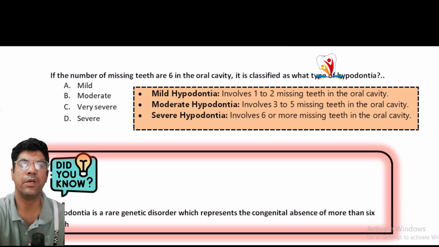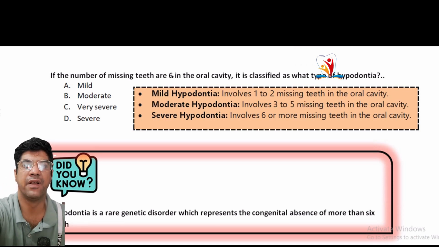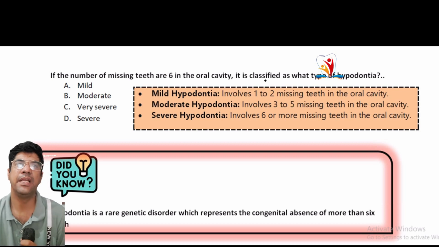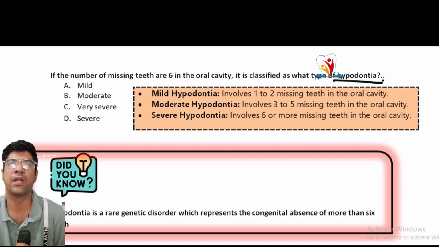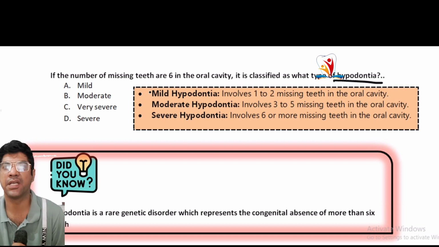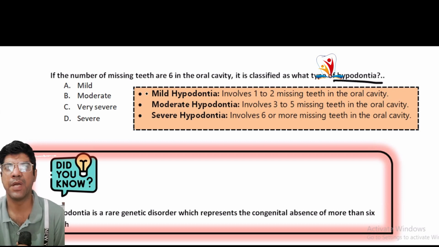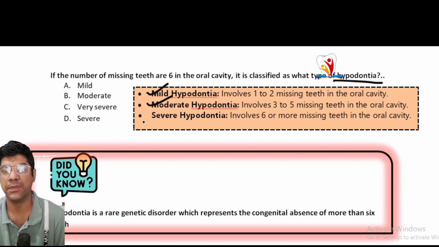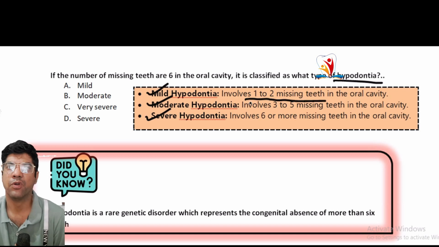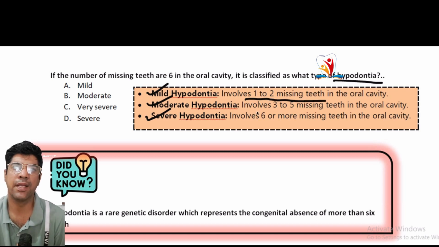Now, moving to the next question: if the number of missing teeth in the oral cavity is 6, it is classified as what kind of hypodontia? Remember the terminology; there are 3 types: mild, moderate and severe hypodontia. If 1 or 2 teeth are missing in the oral cavity, it is mild hypodontia.